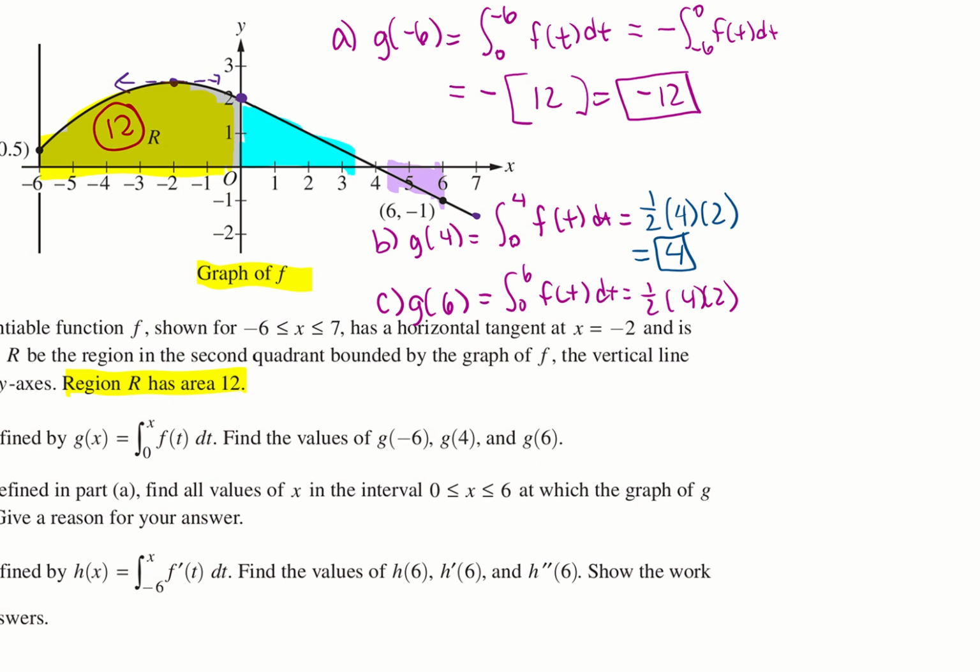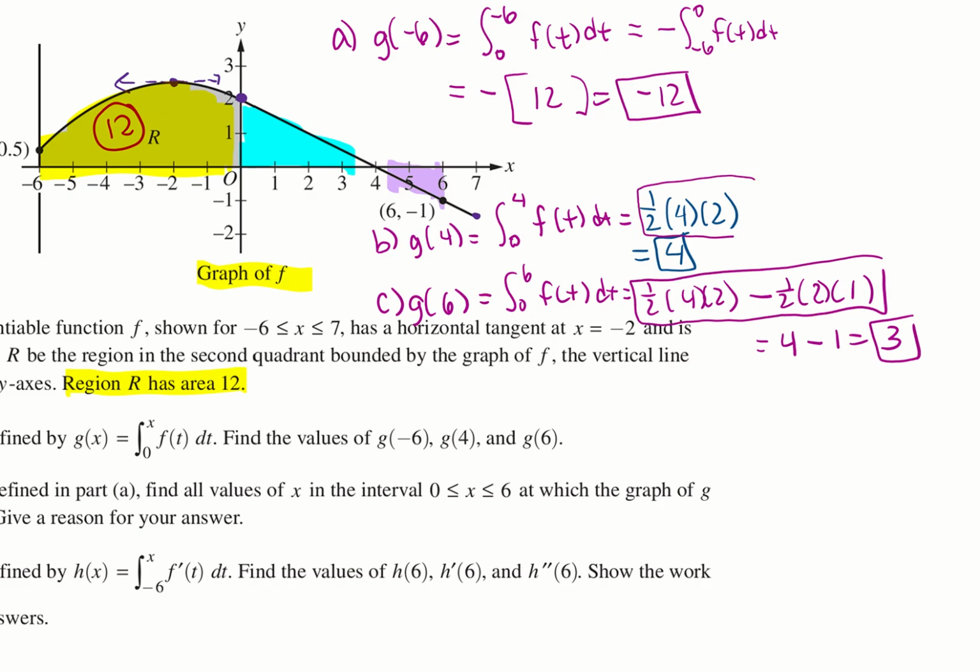Right in here, this triangle is below the x-axis, so I'm going to use a negative area. So minus 1/2 of the base is 2 and the height is 1. So I end up with 4 minus 1, which is 3. Now, you can compute that, or you could leave it in the non-simplified form. As long as everything is numerical, you are allowed to leave fully numerical answers unsimplified.